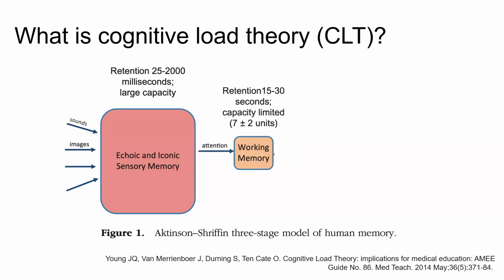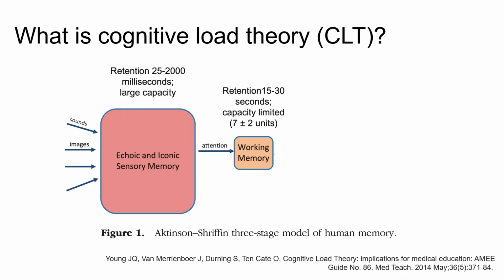By applying some attention, these sensory inputs can be transferred to the working memory, which has a substantially reduced capacity. Adult human working memory has a capacity of about 7 discrete pieces of information. The trade-off for this reduced capacity is a markedly increased retention of about 15 to 30 seconds.